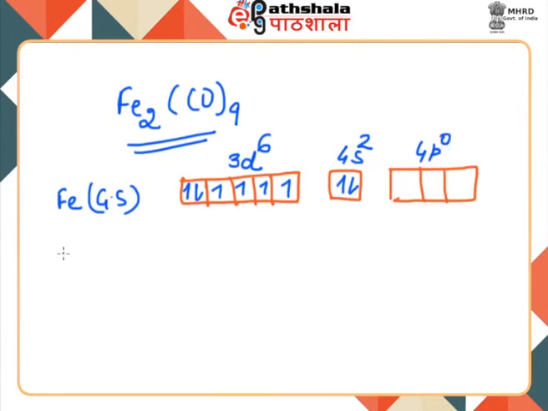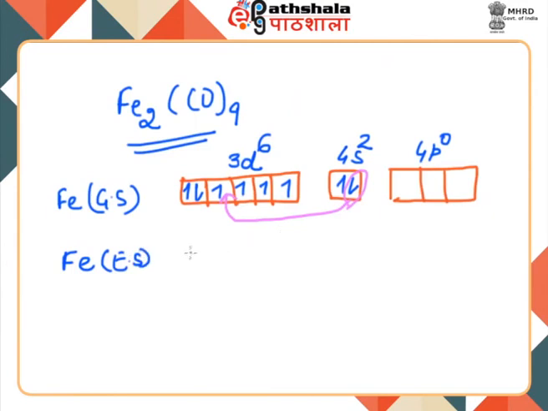Now in the excited state, that is in the formation of this molecule, one of the s electrons of 4s comes to one of the 3d orbitals, and as a result the excited state has this structure.